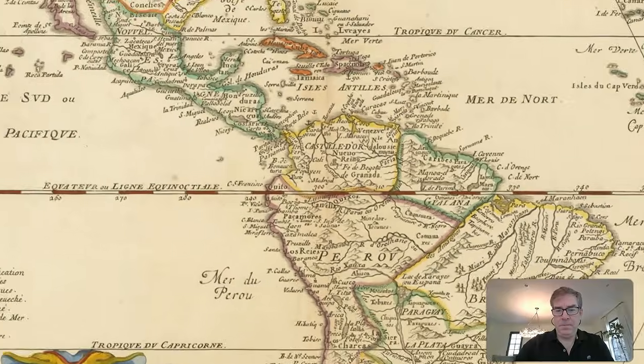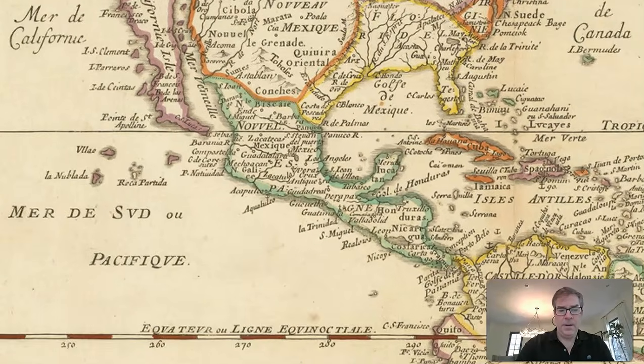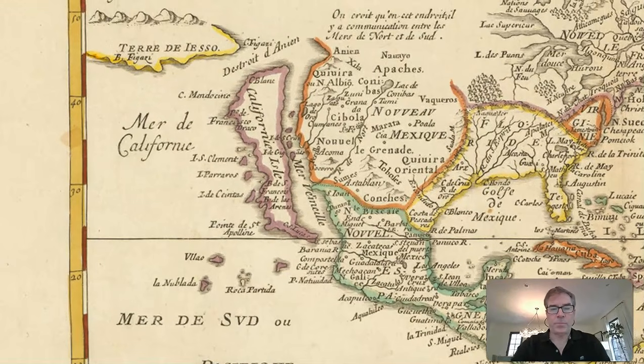Another map here, again in the 1600s, showing the Strait of Anian.